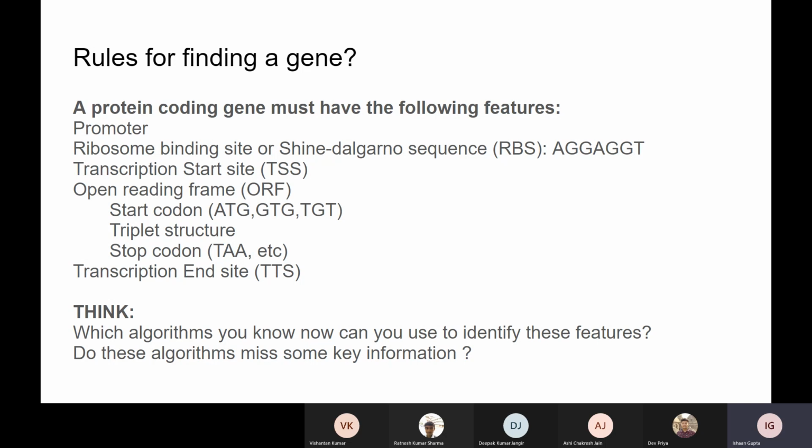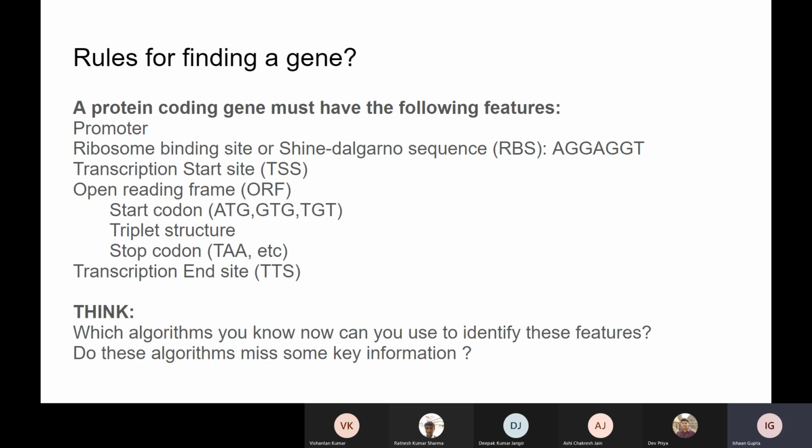Viral genes have something called internal ribosome entry site, the IRES sequences, which allows the ribosome to bind to them and start translation. But translation would always be happening through a ribosome, and a ribosome would always require a triplet structure.